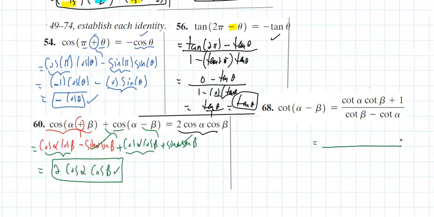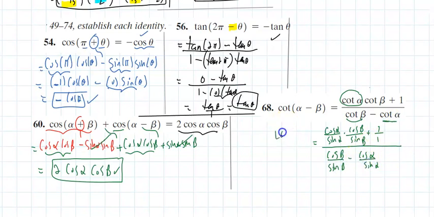Since there are no squares from previous sections, we write this as cosine of alpha over sine of alpha times cosine of beta over sine of beta plus 1 over 1. We write that as a fraction. And this would be the cosine of beta over sine of beta minus cosine of alpha over sine of alpha.